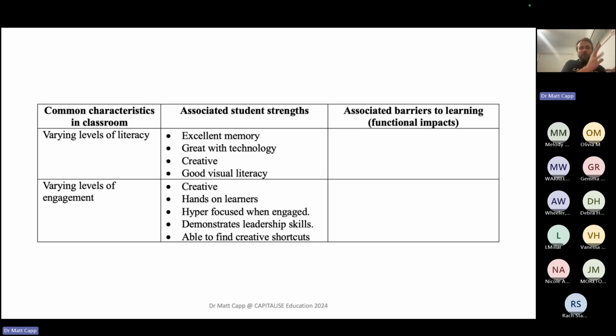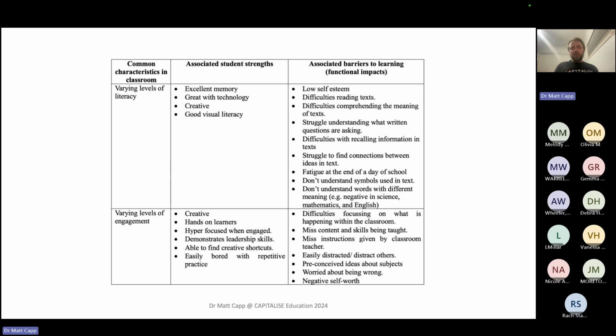If we stay in that common characteristic space of varying levels of literacy, that's very broad and it's hard to target a pedagogical response. But as we start to flesh out our student strengths and their functional impacts, it allows us to be more targeted with our pedagogy. So for our varying levels of literacy, in terms of barriers to learning, we might have kids who have low self-esteem, difficulties reading text, and so forth.